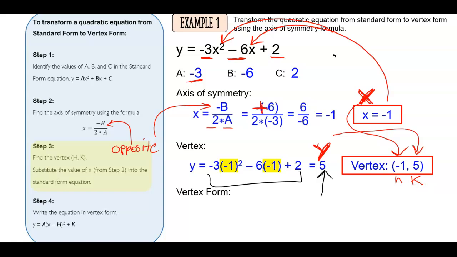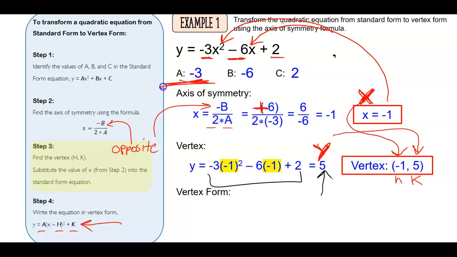Okay? To do the vertex form, right here, I need A, H, K. Who can tell me what's my A value at the very top? A is the same as the original equation, the very first number you see.